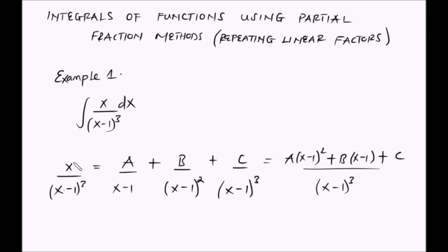So now I compare the numerator x na huyu huku. So we have x ni sasa na a x minus 1 squared plus b x minus 1 plus c.